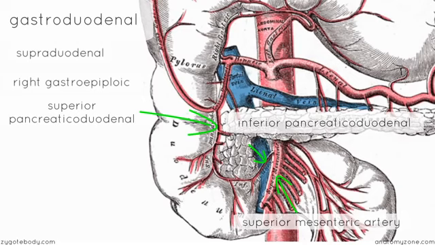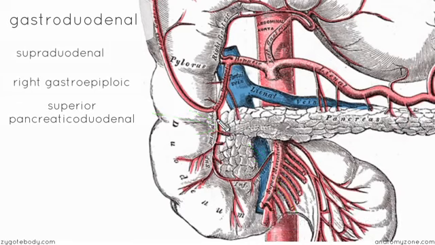So just to further confuse things, the superior pancreatico-duodenal artery and its inferior counterpart have anterior and posterior branches. So it's not shown in this diagram, but I'm going to draw it on to illustrate it for you. So here we've got the anterior superior pancreatico-duodenal artery because it lies anterior to the head of the pancreas.